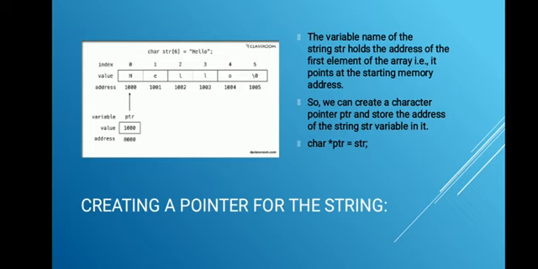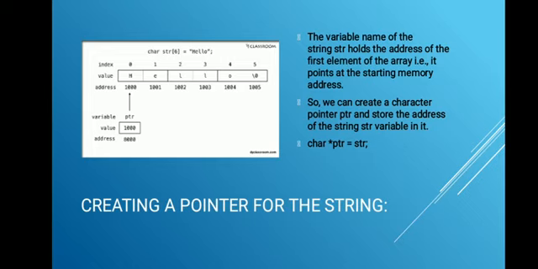The variable name of the string str holds the address of the first element of the array, creating a pointer for the string. If we declare a string hello, the str holds the address of the first element of the array str.